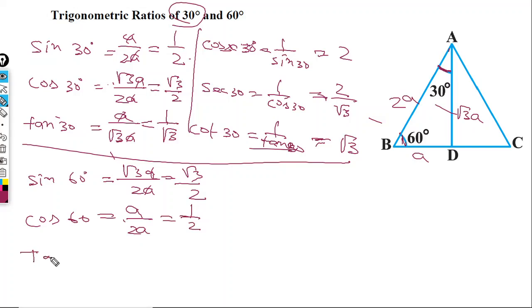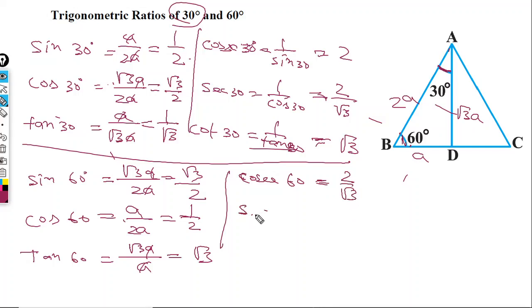Similarly, tan 60, look at it, opposite side divided by adjacent side, root 3A divided by A. Now cancel them, equal to root 3. From here you can find cosec 60 will be, I am writing it short now, 2 by root 3.